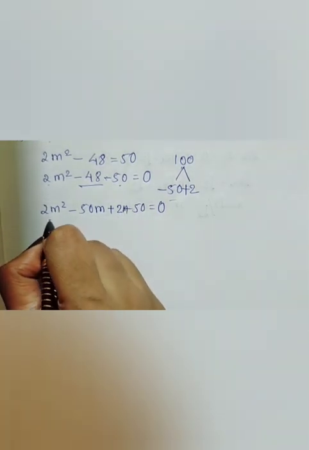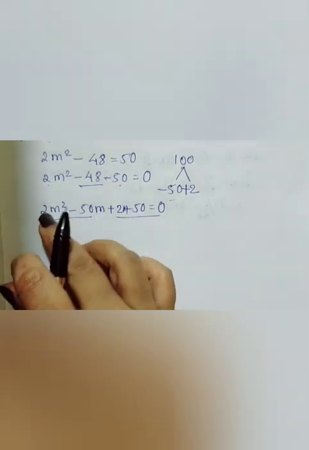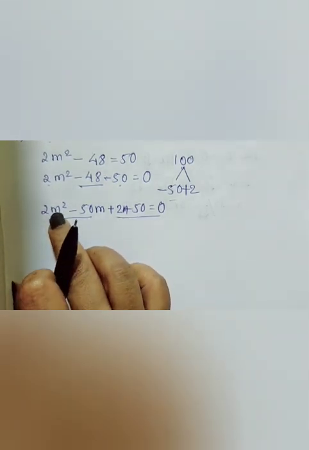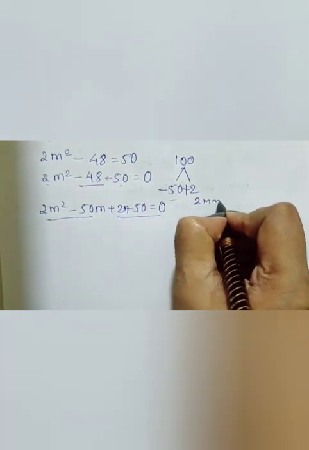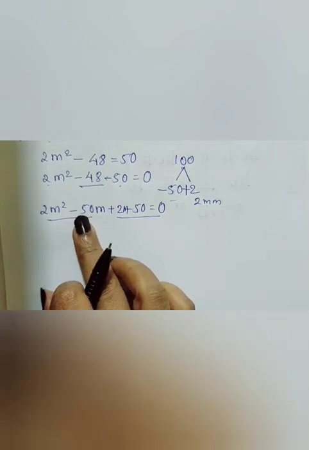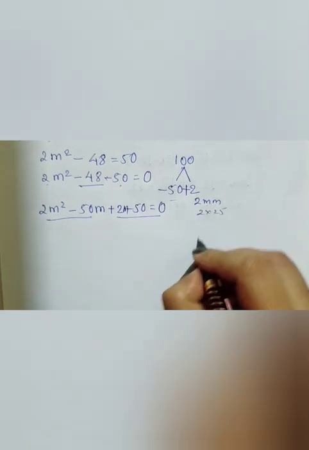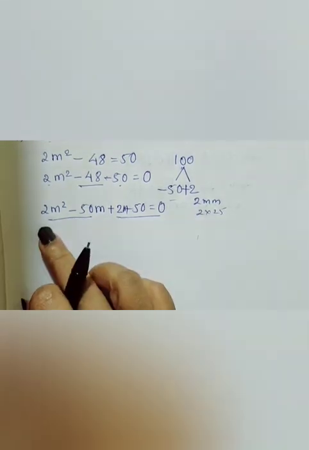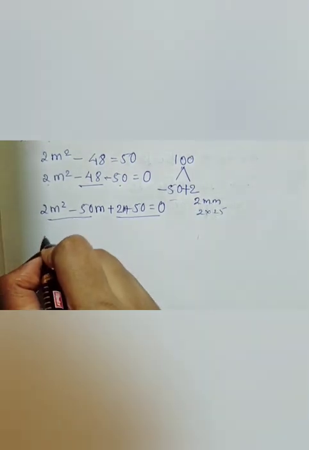Now we have to write this in brackets. So what we are having, 2m square means that is 2 m m. The next one is we are having 50. So we can write 2 25s are 50. So first we will take the common, that is 2m.